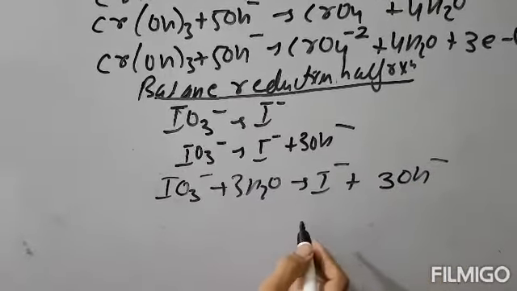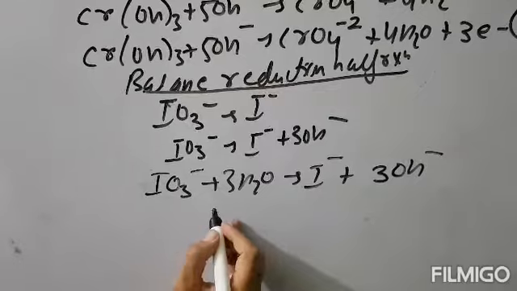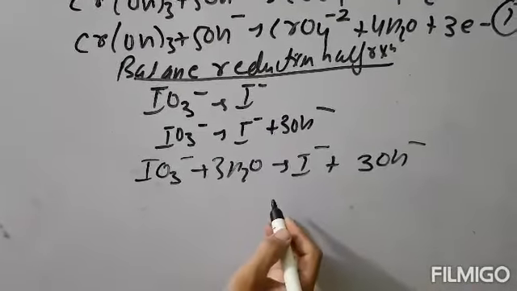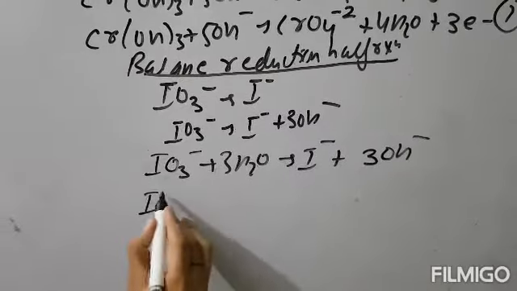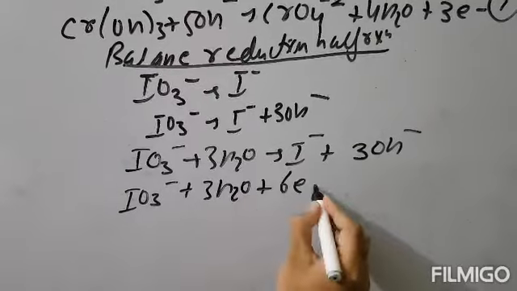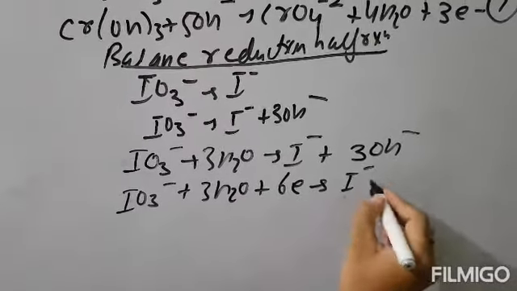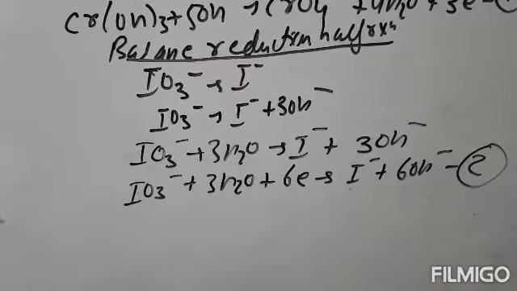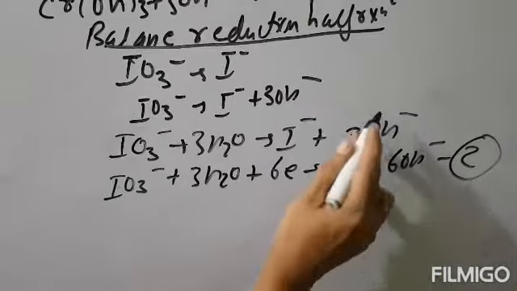Now balancing the charge, left hand side there is -1 charge, right hand side there is -7 charge. So 6 electrons are added to the left hand side. So we will get IO3- plus 3 H2O plus 6 electrons will give I- plus 6 OH-. This is equation 2.